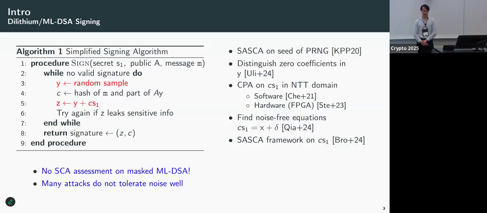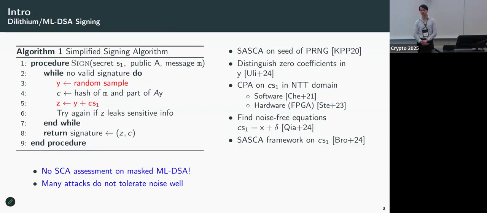This signing algorithm has been analyzed, and there have been many side channel attacks on this signing procedure. They are listed on the right-hand side of this slide. I will not go into the details. You can find the references later, and they are interesting. What is important is that those side channel attacks were not conducted on a properly protected, masked ML-DSA implementation.